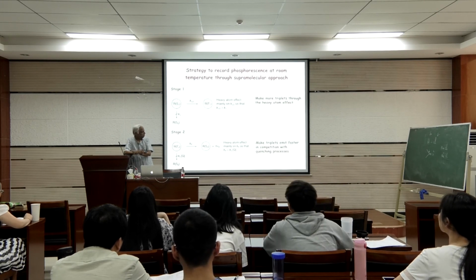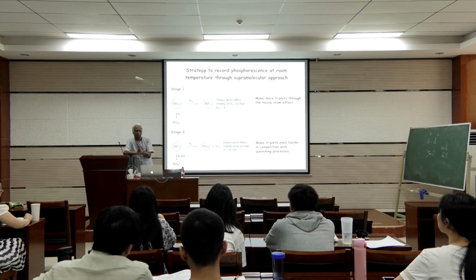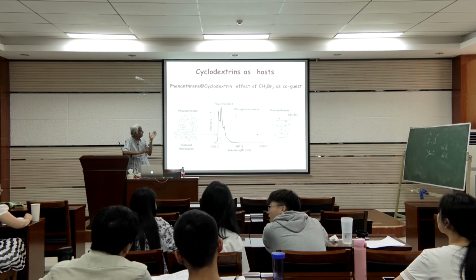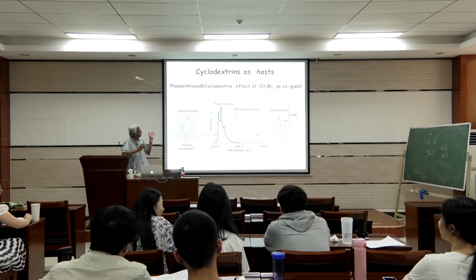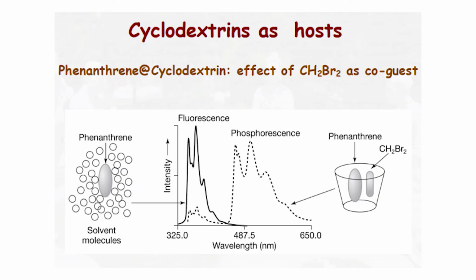Okay, so the class has no idea what to do. Now I will tell you what can be done. You remember cyclodextrins and things like that. Cyclodextrin is one of those bucket-type compounds with a hole in the middle. Cyclodextrin is water soluble.